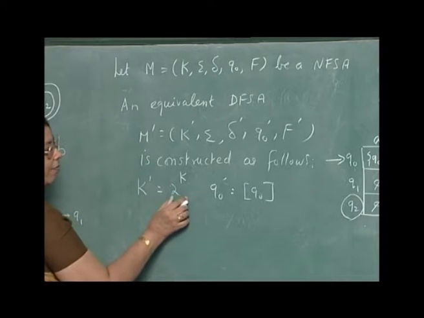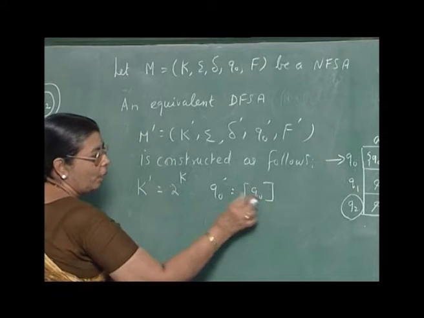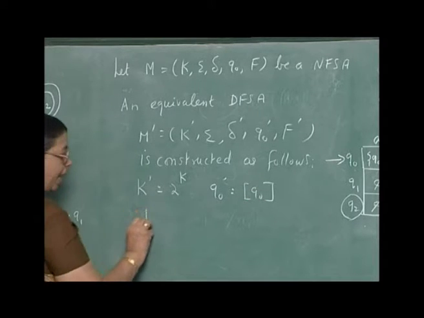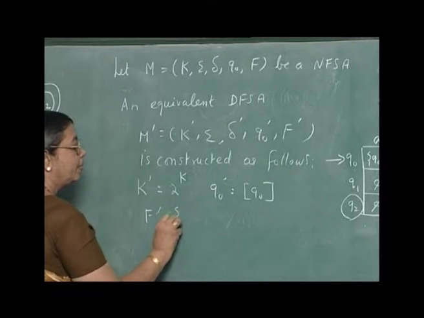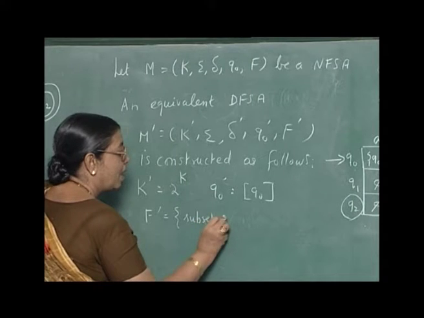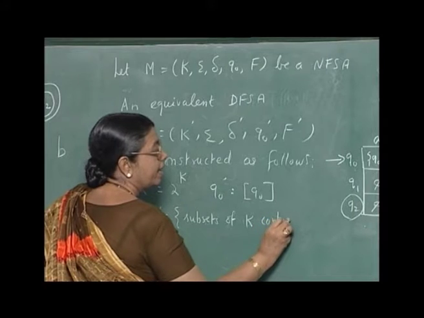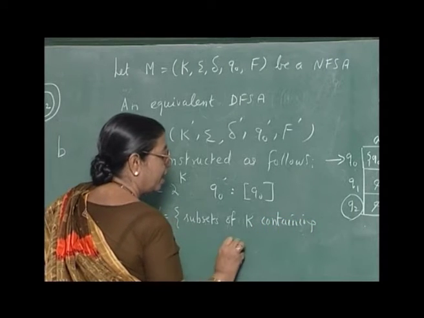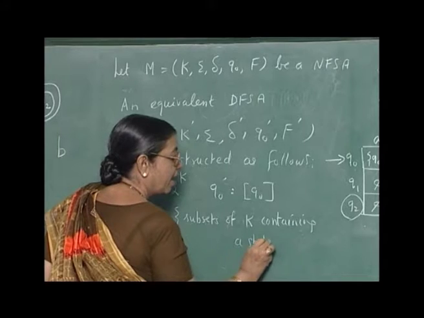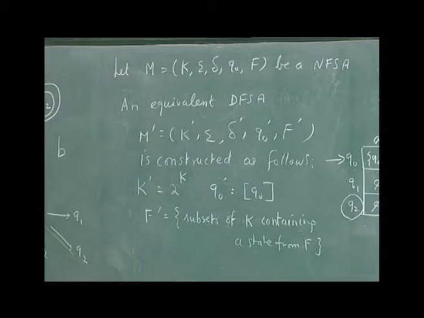That is, each subset of K will be a state in K dash, and the subset containing Q naught alone will be the initial state, and F dash is equal to subsets of K containing a state from F. All subsets which contain a state from F form F dash.